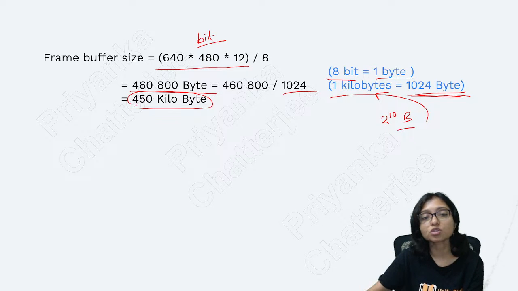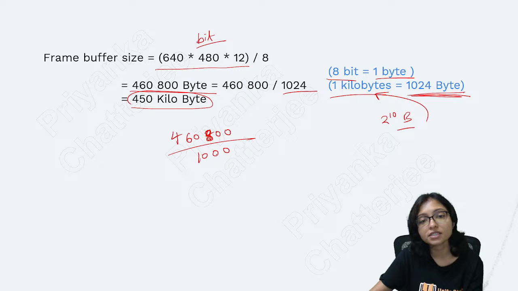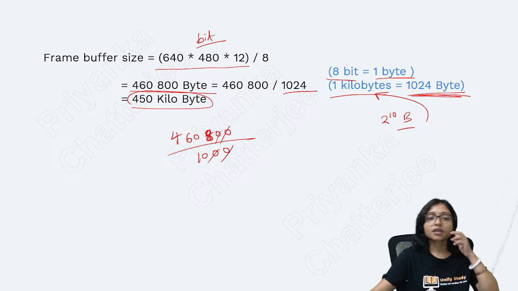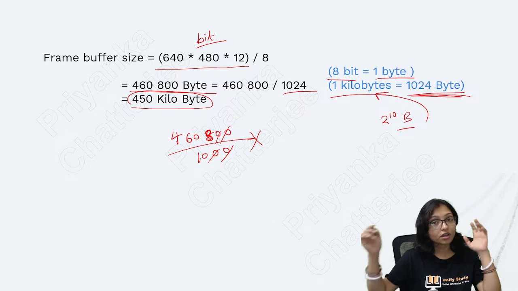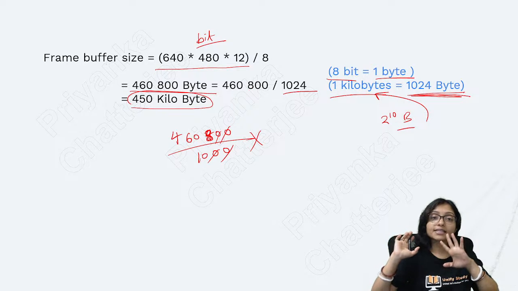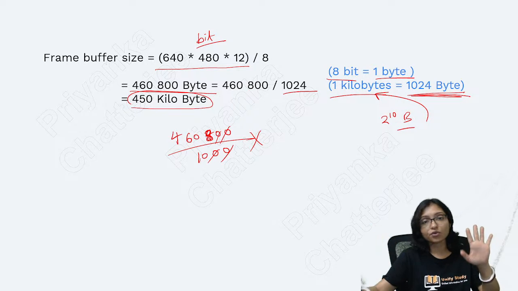Here most of the students make a mistake. Ma'am, kilo means I will divide by 1000. Why is my answer not coming? 1000 is not right. 1000 is the kilo for kbps, mbps, gbps, there you can do that.